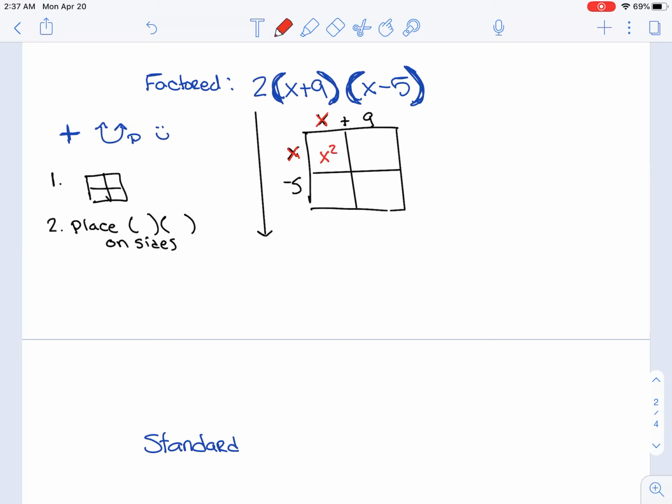X times x makes x squared. X times 9 makes 9x. -5 times x makes -5x. -5 times 9 makes -45.